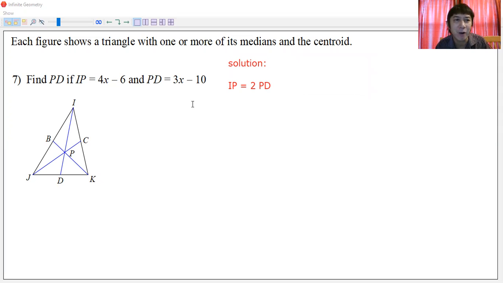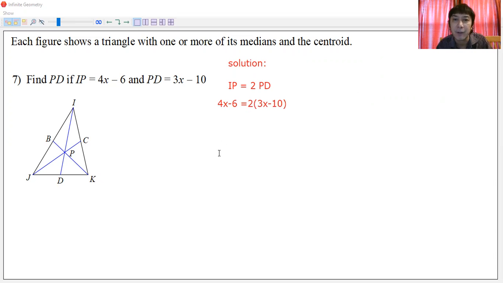Now we're not after the ID, we're after the PD, which is the smaller. You can check those letters in the drawing. This is the equation, and let's substitute the equivalent. IP is 4x minus 6, so we will have 4x minus 6 equal to 2 times PD, which is 3x minus 10.